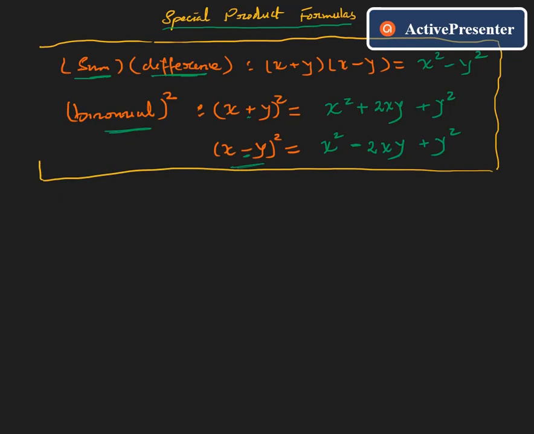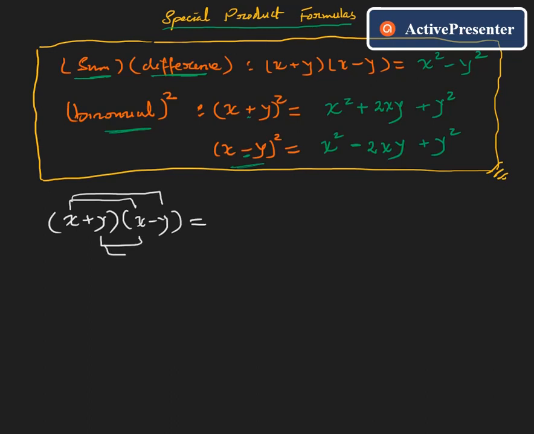How did we get to these formulas? Guess what? For example, if we say the sum multiplied in the difference, we say x plus y multiplied in x minus y. This is equal to what? Using the distributive property, x here multiplied in x here, and x here multiplied in y here, and y here multiplied in x here, and y here multiplied in minus y.